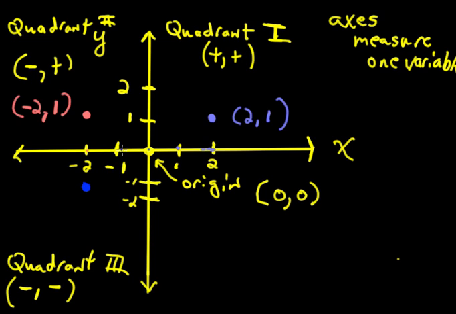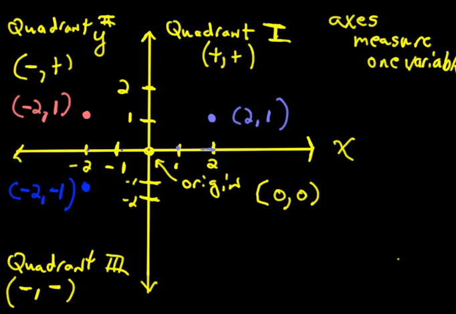We'll go over -2 and down -1. So this is -2, -1. So notice we actually can make a place on a flat piece of paper that represents each set of numbers. And this is going to help us really start describing what equations do, because they'll let us start looking at them as geometric figures that have behavior.